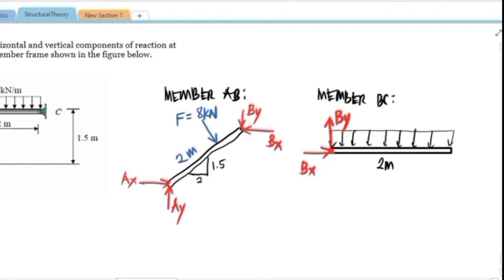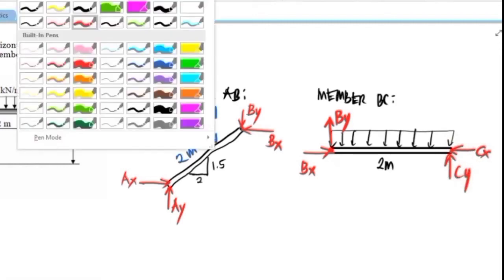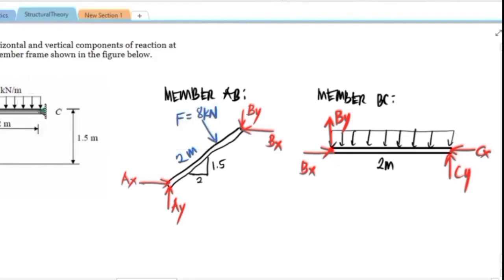At the support C, we have here a hinge support. So meron din tayong dalawang reaction dito. This is CX and CY. And for the magnitude of the load, ang gagawin lang natin dito is to compute for the area of the rectangular load or the uniformly distributed load, which is equal to 3 kilonewton per meter multiplied by the length of 2 meters, and that would give us 6 kilonewton resultant.